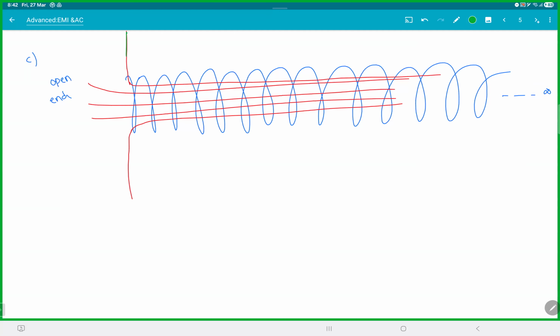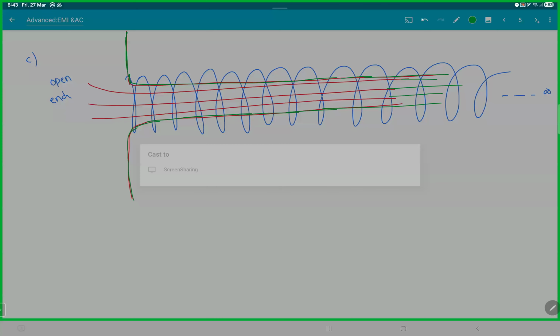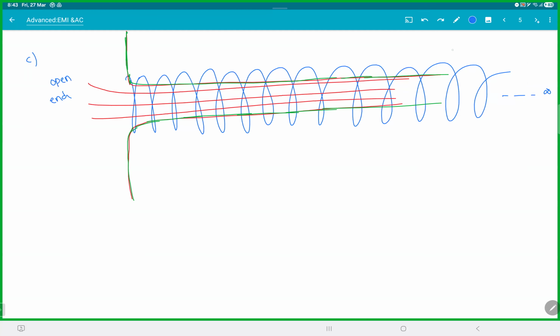See, a lot of lines are entering, but these last green lines are the last ones to enter. So these green lines right here, this will be X. The radius of this whole thing is R. So these are the last field lines to enter the open end of a solenoid.